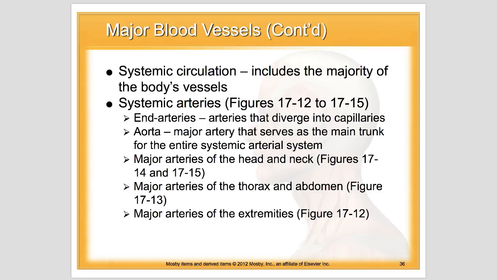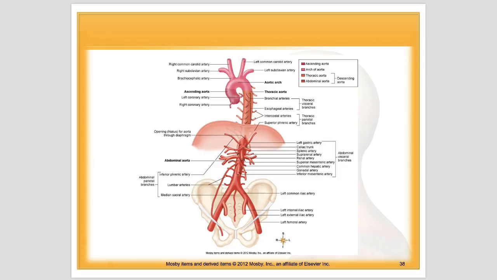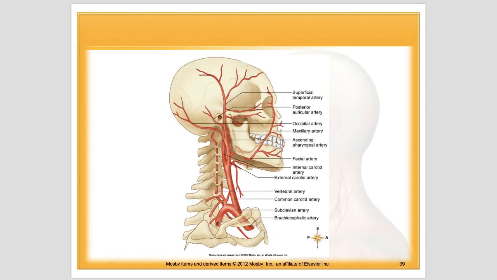More information about the major blood vessels are listed here, and then the book just goes through and gives you the opportunity to see and to label if you'd like to, or color, or however you want to study this. I think anatomy coloring books are a great way to study and learn these major arteries and veins.